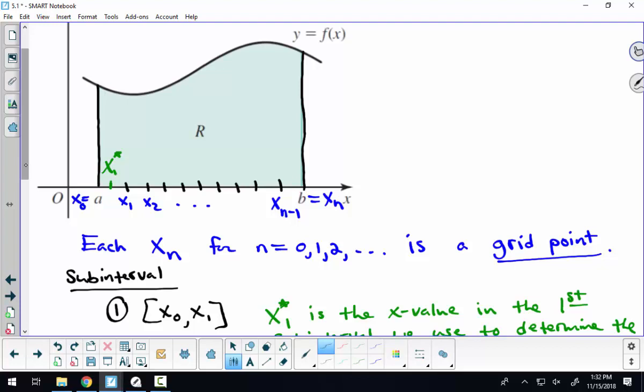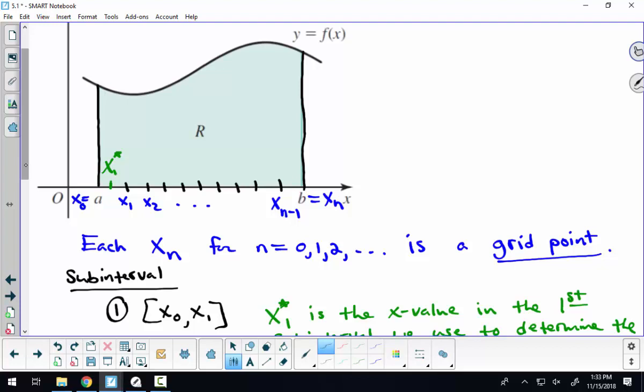We're going to call A our x sub 0, and B we're going to say is x sub n. So in our previous example, x sub 0 would have been equal to 0, and x sub n would have been equal to 8. We would have gone out to 4, because we used 4 rectangles. So again, when you see this n, you just think of the number of rectangles that we're using.